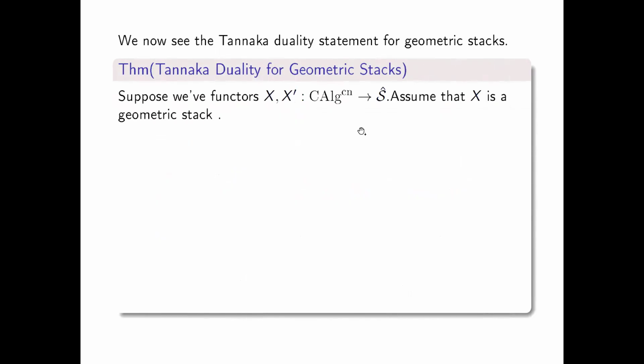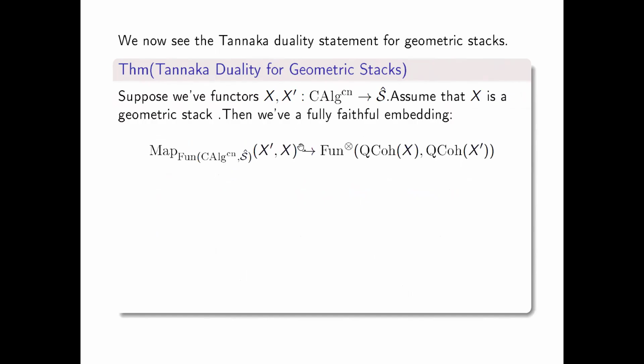And so we'll now see the Tannaka statement for the case of geometric stacks. You start off with two geometric stacks X and X', with functors, and the only assumption, okay, my bad, the only assumption is that X is a geometric stack. And then we have a fully faithful embedding again.